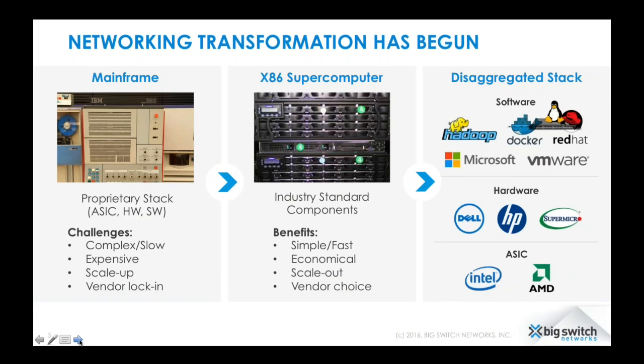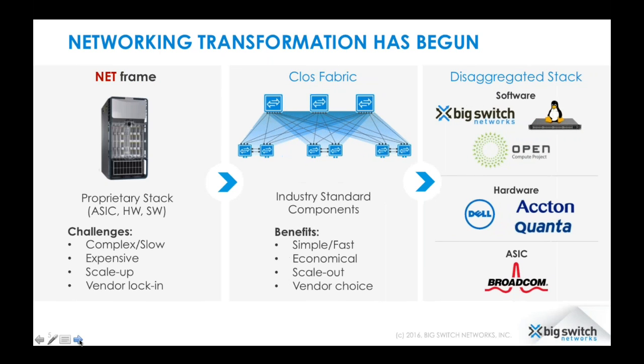Now, if you take a step back and look at the world of compute, we saw how the mainframe, a proprietary stack, got disaggregated with the x86 architecture, which has led to faster, simpler cycles of development and deployment for applications, and has offered vendor choice and also enabled a vibrant innovation across the stack. Now, with the advent of two key trends, software-defined networking and open networking, we are seeing the same thing happen with the networking industry. So the proprietary stack, which is based on traditional chassis, which we call the net frame, is now getting disaggregated and enabling choice and innovation at every layer, the ASIC, hardware, and software.